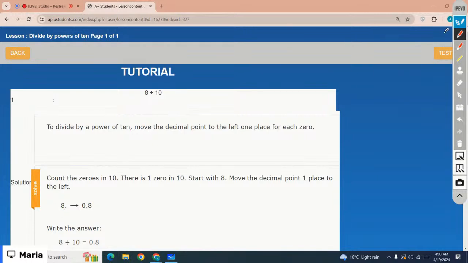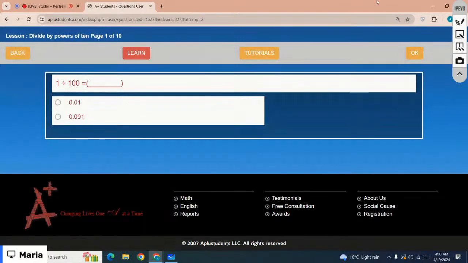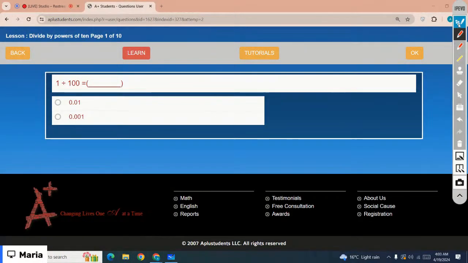Let's just start with the practice questions. Okay. 1 divided by 100. You have two zeros here, right? So the decimal point is like this.